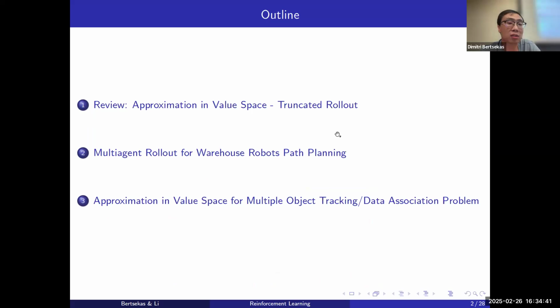Here is the outline of this lecture. We will first give a brief review of approximation in value space, particularly rollout, and then through this review, we will bring up the focal point of this lecture, which is how to solve the minimization problem efficiently in face of real-time constraints. Then we will go through 2 examples to demonstrate how this minimization problem can be solved.